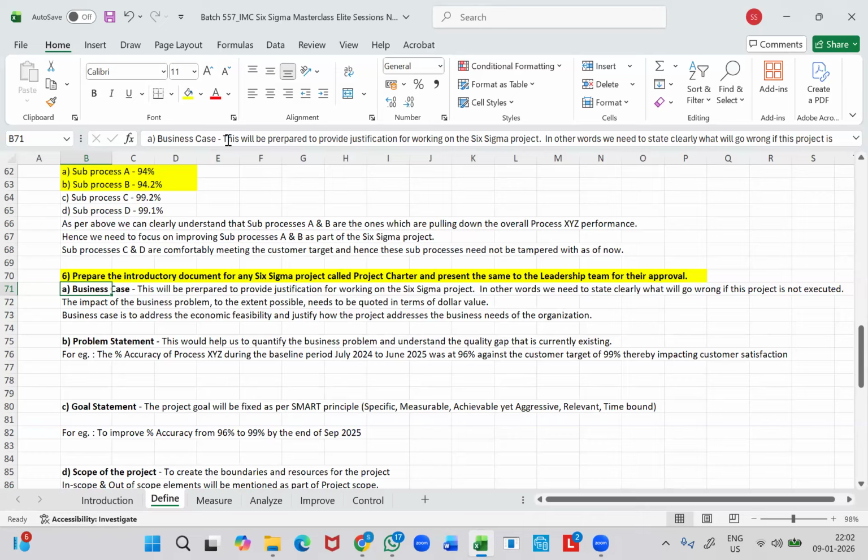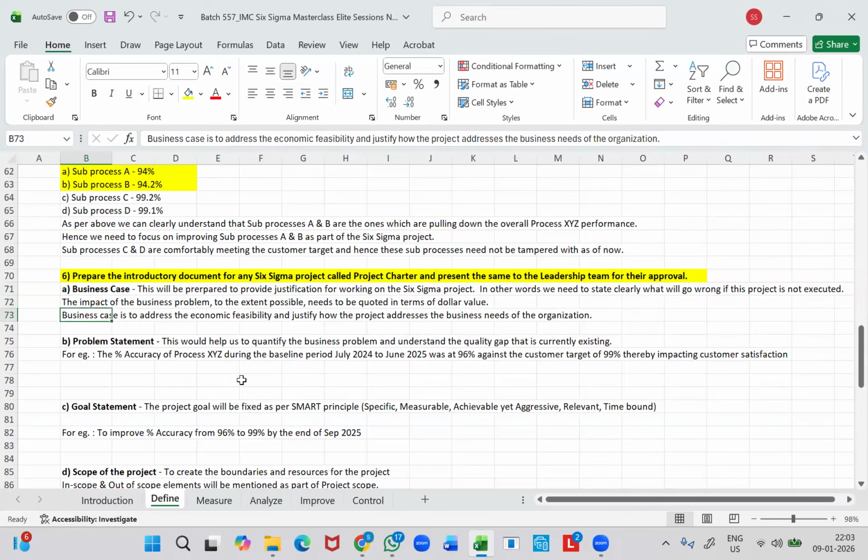When you are quoting all these things in the dollar language, the leadership would be in a position to understand the impact very clearly and provide you with the necessary approvals to proceed with the project exercise, right? So that is what I have written here. The impact of the business problem, to the extent possible, needs to be quoted in terms of dollar value.